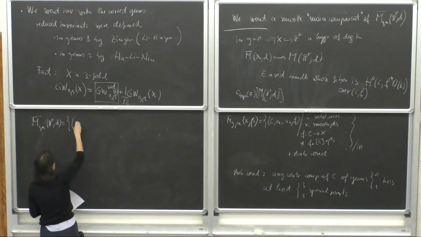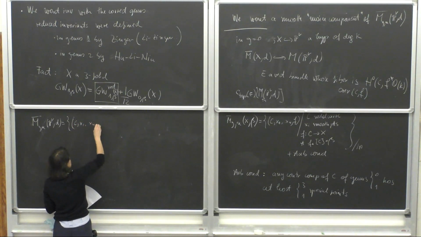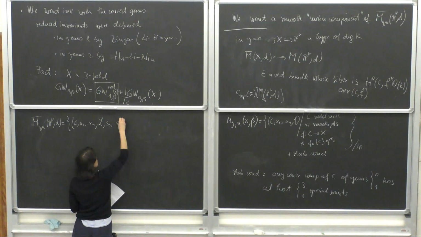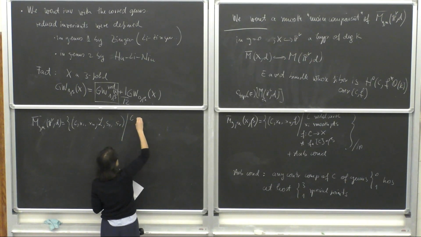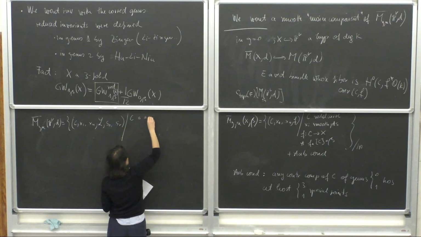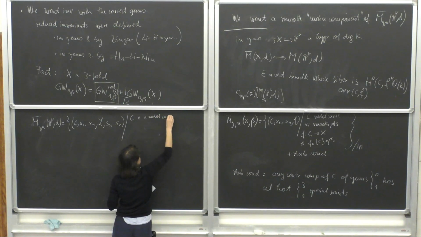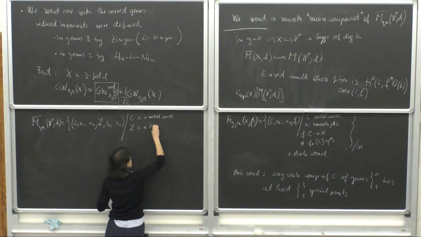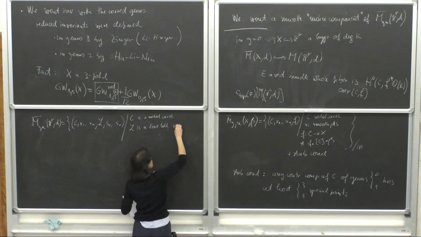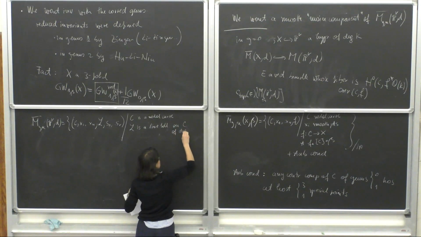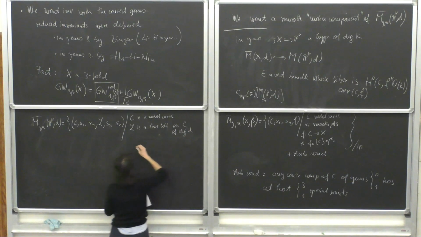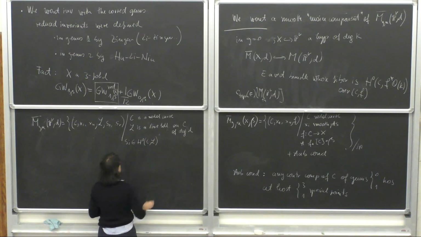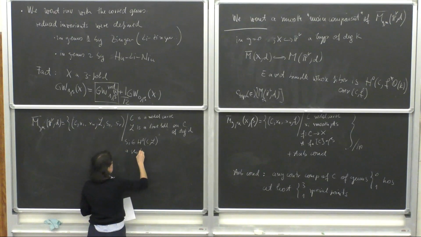I can see that giving a map is the same as giving a line bundle and sections S_0, ..., S_R. Again, C is a nodal curve, L is a line bundle on C of degree D, and the S_i are global sections of this line bundle, plus the same stability.